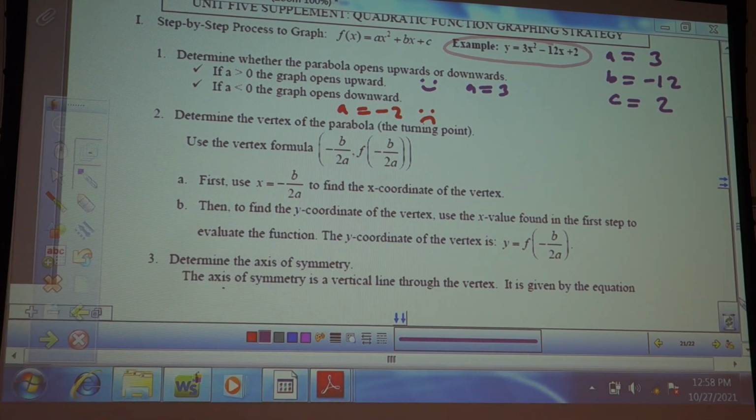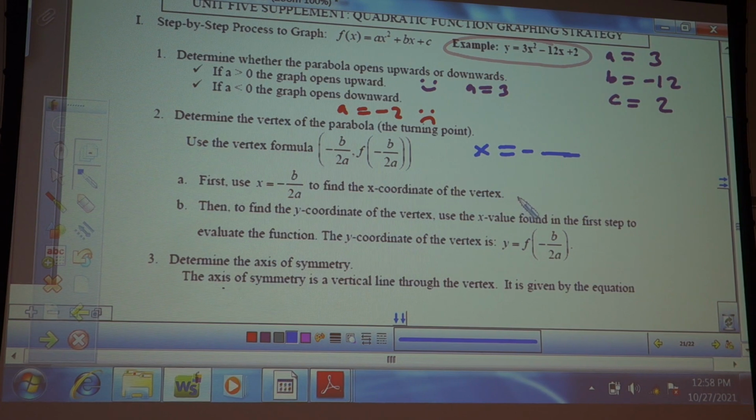So let's see, here's my A, B, and C, everybody find my X. My X is the vertex, X equals negative B, what the B is up here, over 2 times A, what the A is.